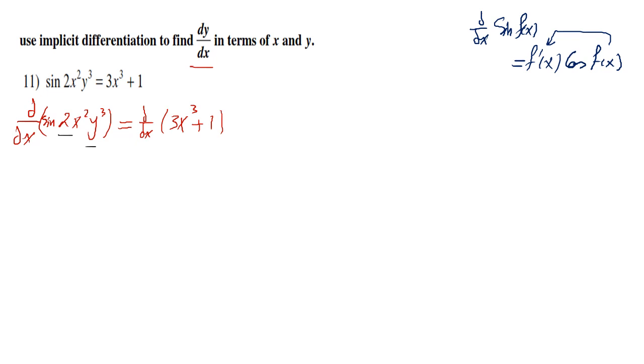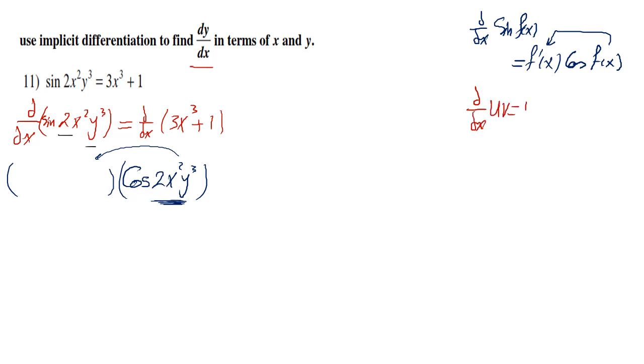So derivative of the left hand side is going to be cosine the angle, which is 2x squared y to the power 3, multiply derivative of the angle itself or the function. And derivative of the function here is a product rule, and the derivative of the product rule is derivative of the first multiply the second plus derivative of the second multiply the first.